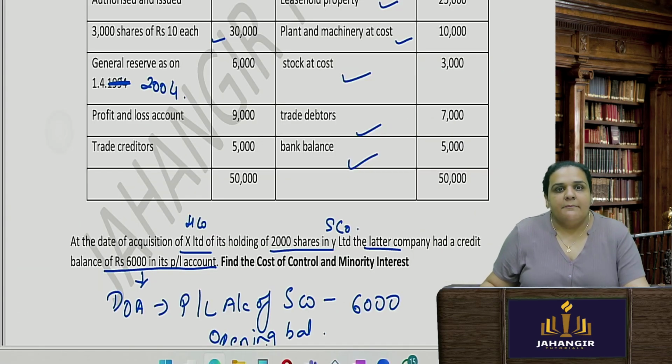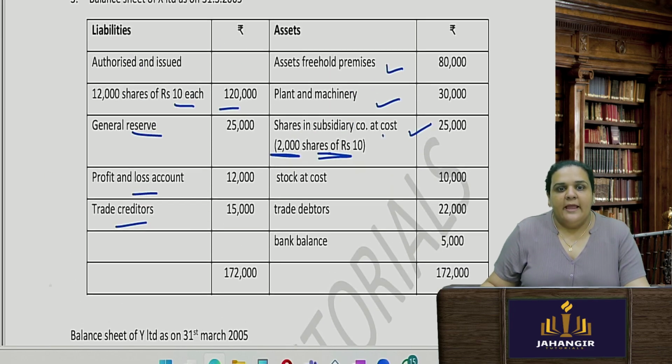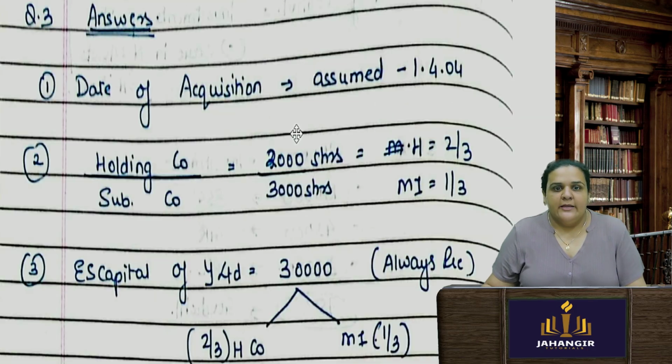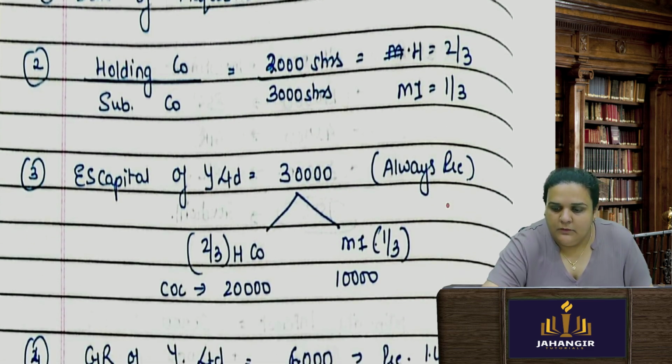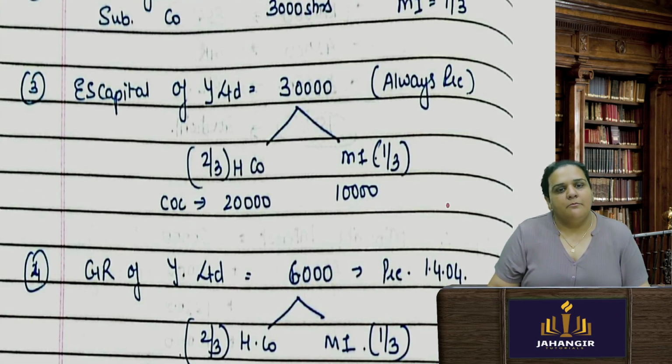I know that subsidiary company Y Limited has got total 3000 shares. Okay, and X Limited is holding 2000 shares of that 3000. So I can calculate the entire ratio. 2000 divided by 3000, 2/3, 1/3. Instead of doing 66.67%, do 2/3, 1/3, it will become more simple.